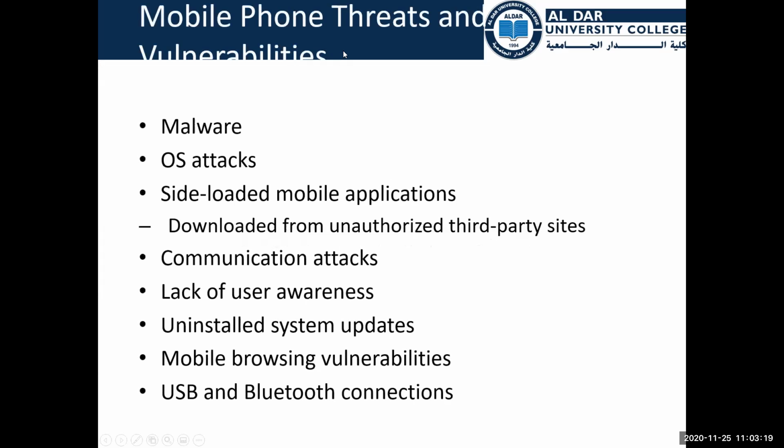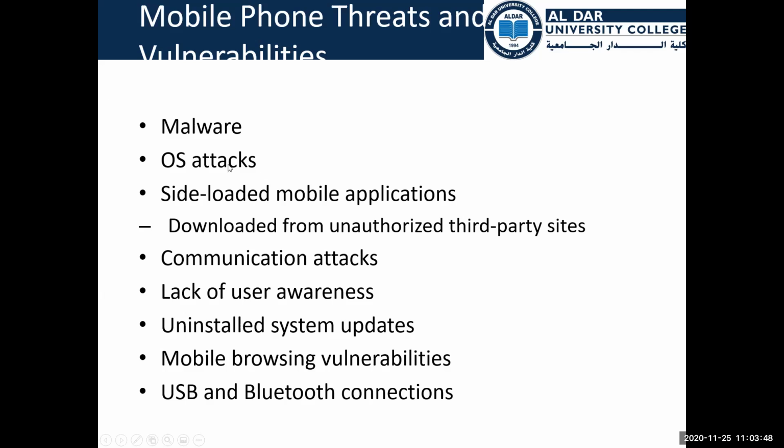So for mobile phone breaches and vulnerabilities, we have some expressions that we have to keep in mind. The first one is malware, which is malicious code, such as viruses, Trojan horses, rootkits, and other malware. Operating system attacks.